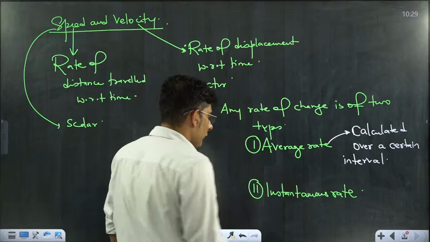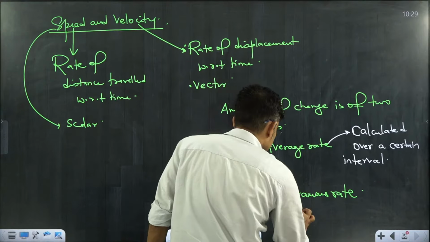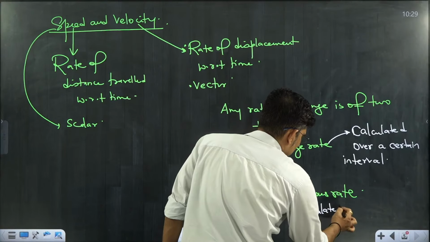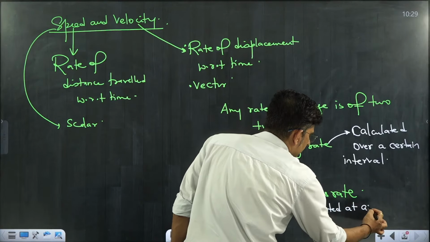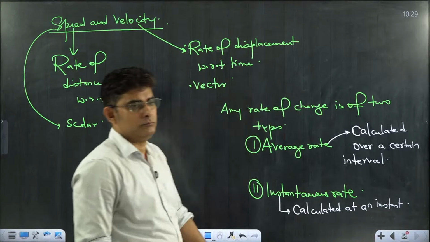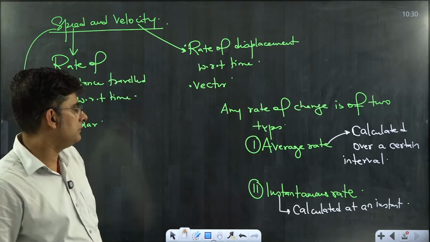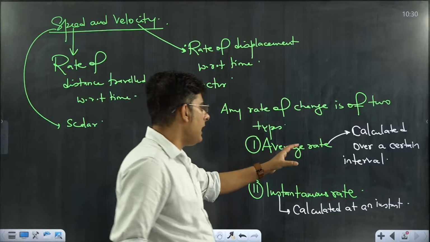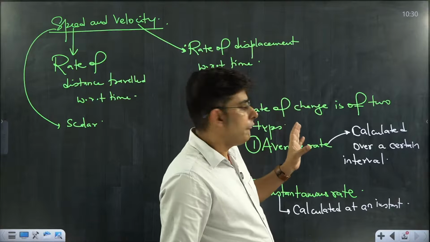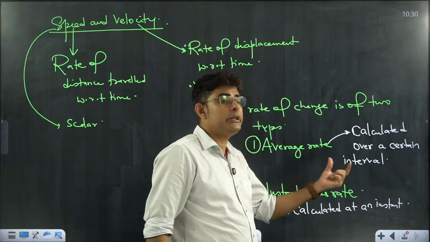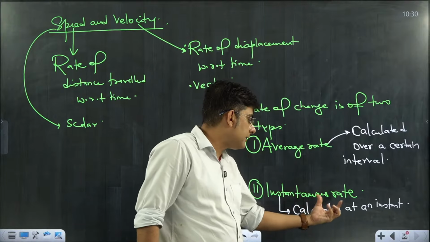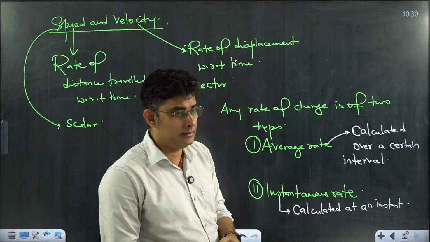And instantaneous rate is calculated at an instant. Suppose we are talking of speed or velocity: whenever we are having average, we are calculating over a certain interval, and instantaneous is calculated at a certain instant.